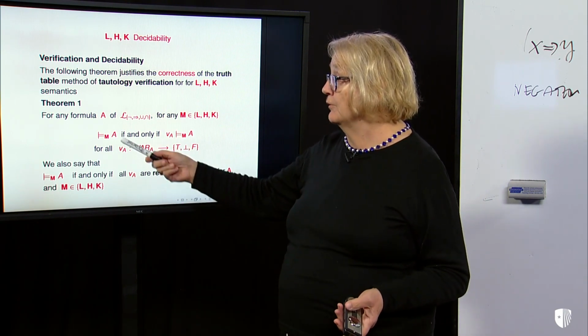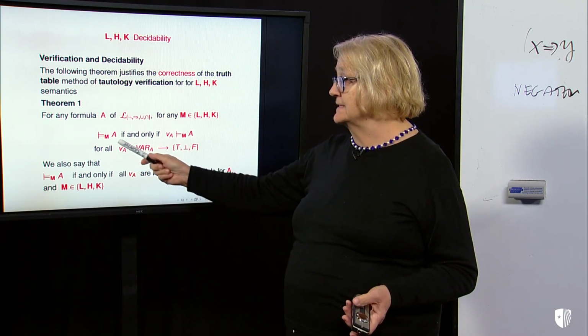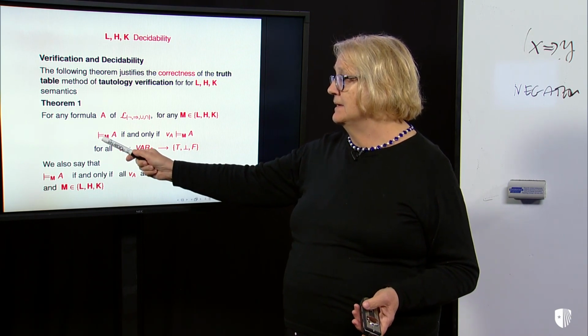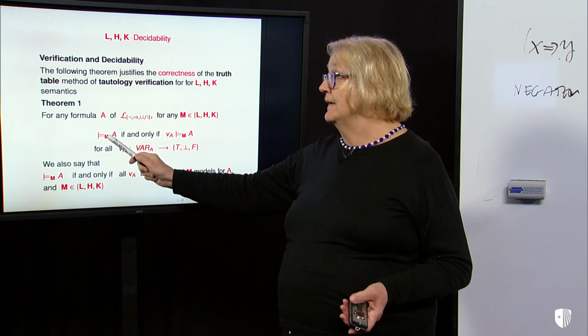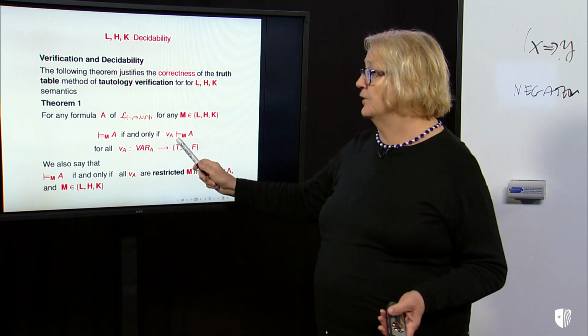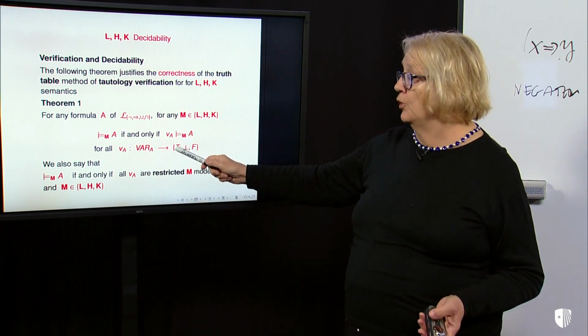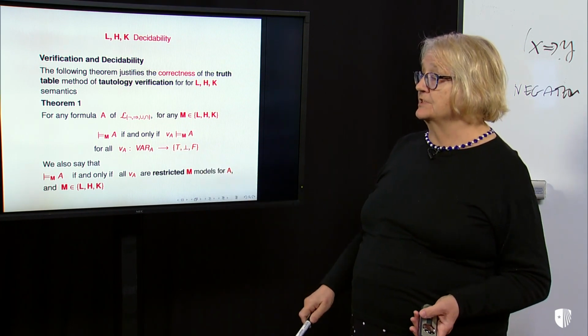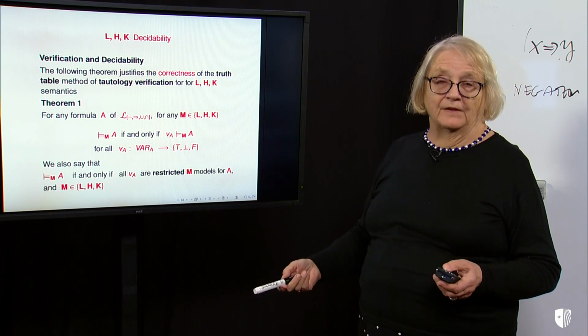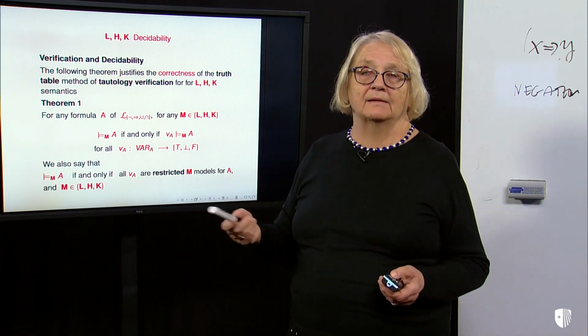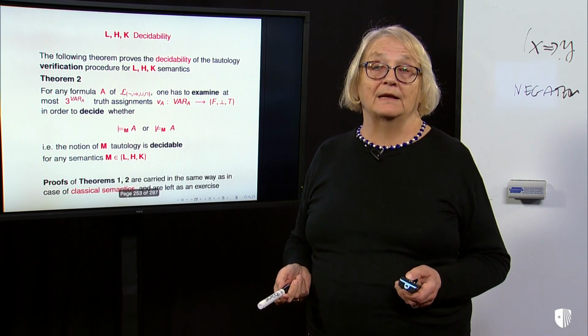And also, for all three of them you have decidability, because for all of them, A is a tautology in one of those semantics if and only if you can look only at restricted models. That theorem holds the same way as it holds for classical.